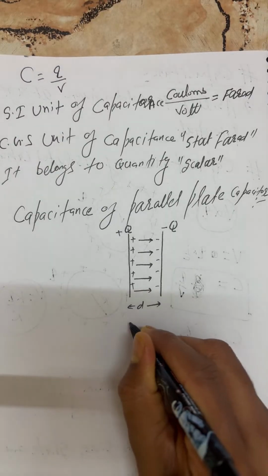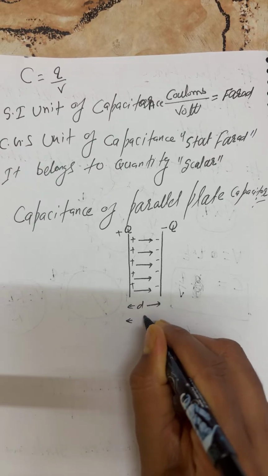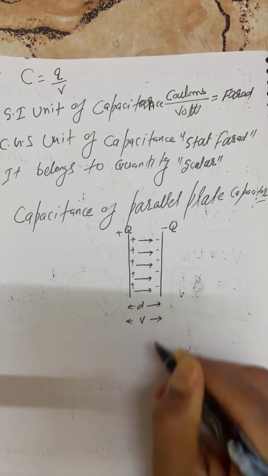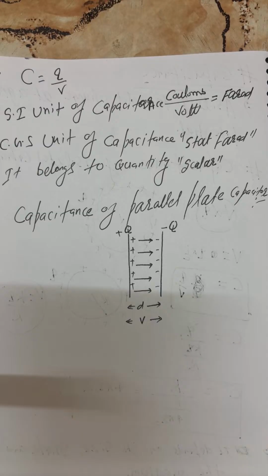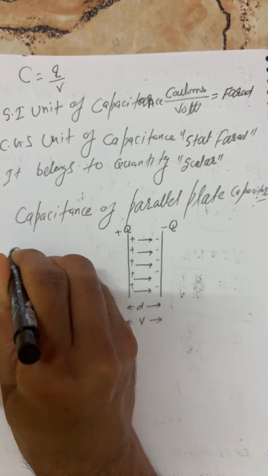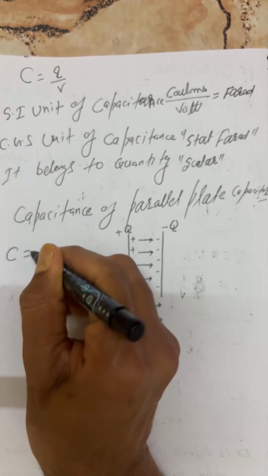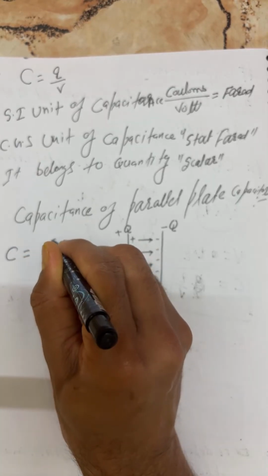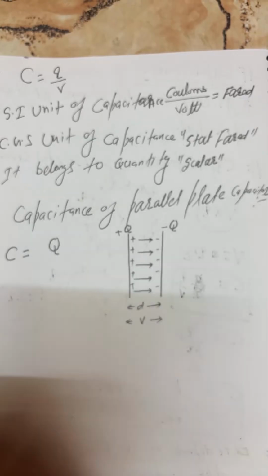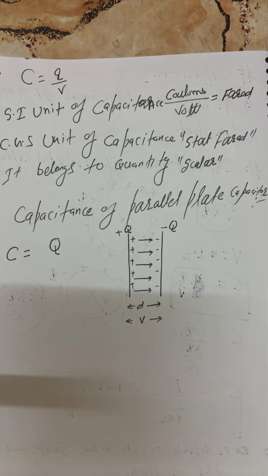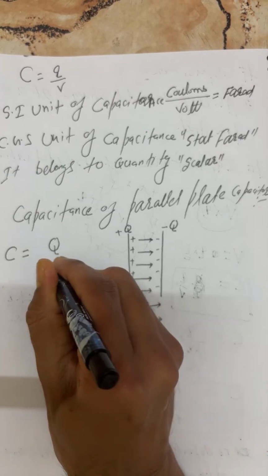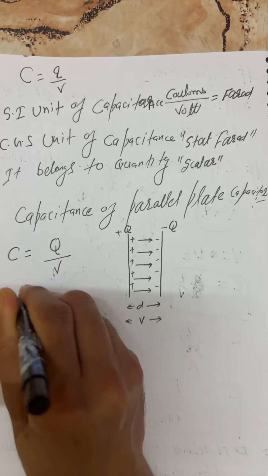You can also say this is the potential difference, V. But we wanted to find the capacitance of a parallel plate capacitor. So C is equal to charge per unit potential, C equals Q by V.